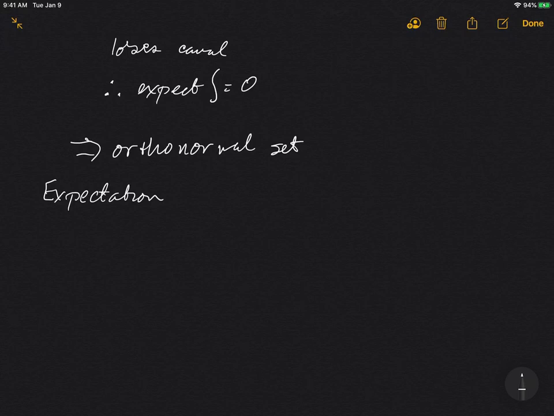Those are the only observables we're really worried about so far. We'll introduce other observables later as we move on to more complicated systems that have more properties.